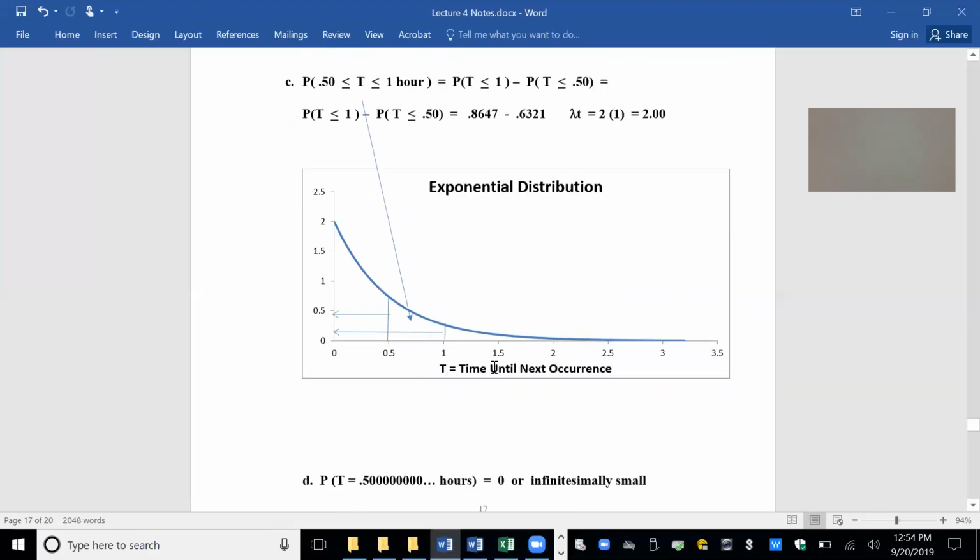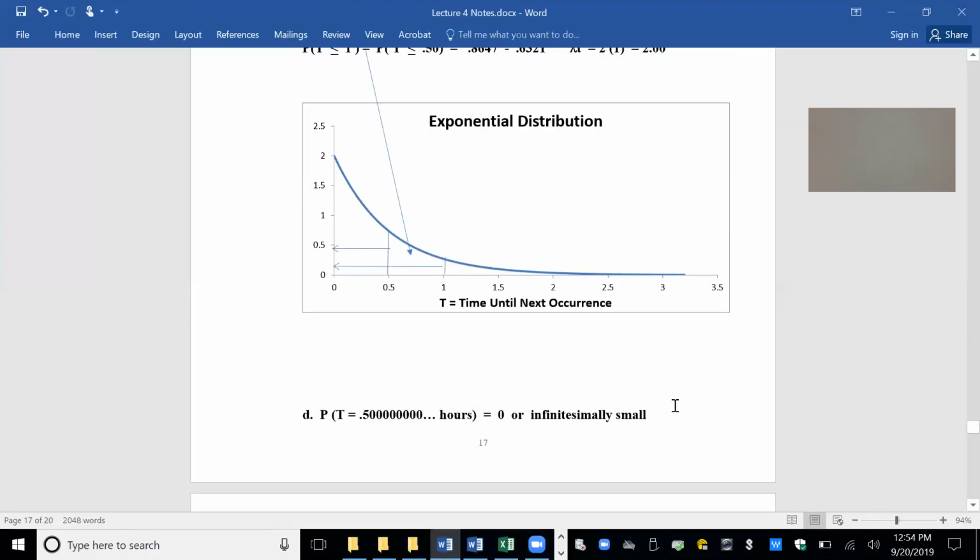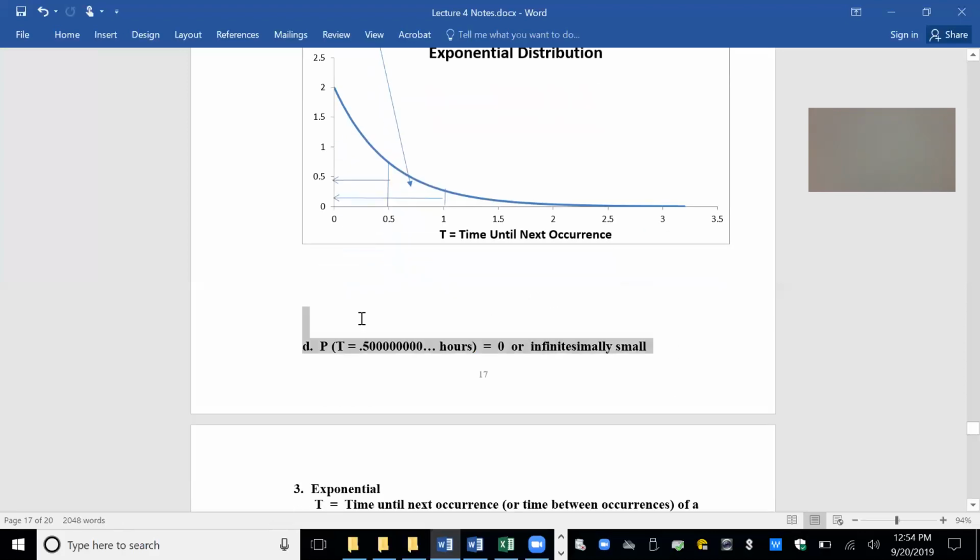Okay, and what about the probability that the next call comes in exactly half an hour from now? We say 0, or infinitely small. We never talk about the probability of a specific point. It's a good mind bender. Each thing has an infinitesimally small chance of happening, but something's going to happen with probability 1. Works for me.